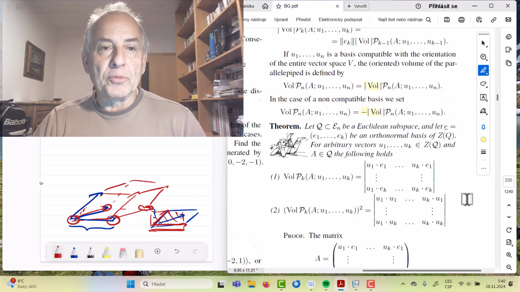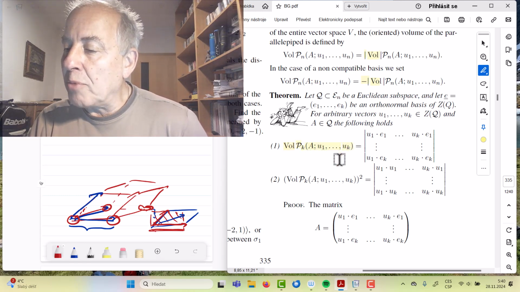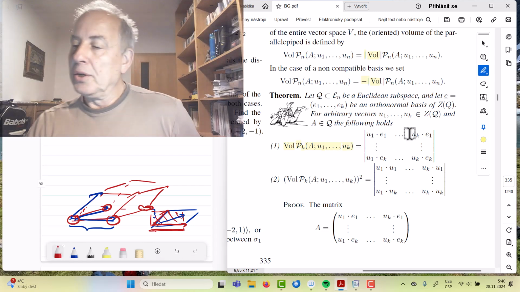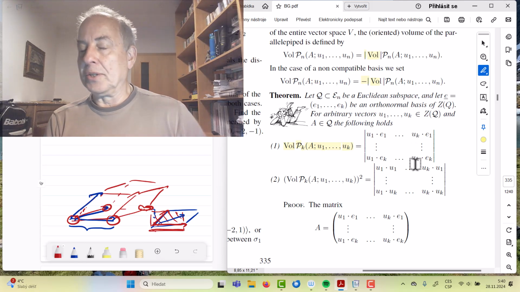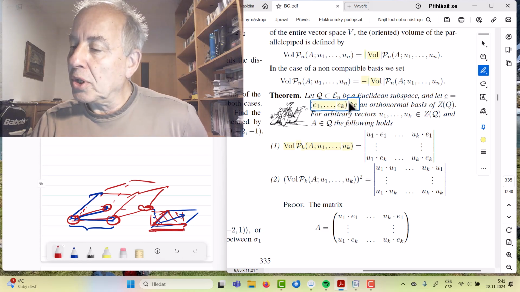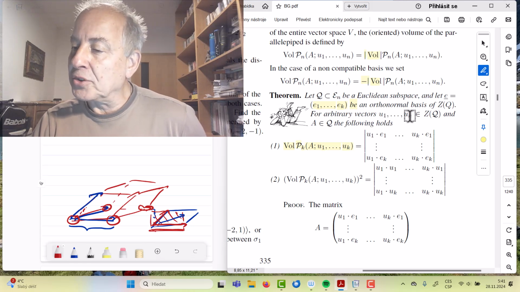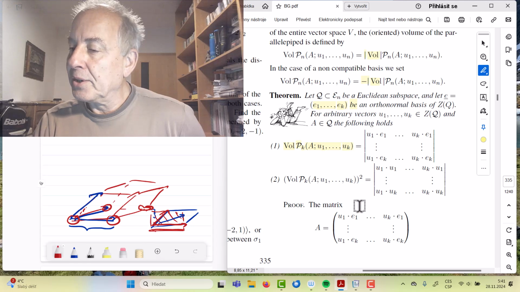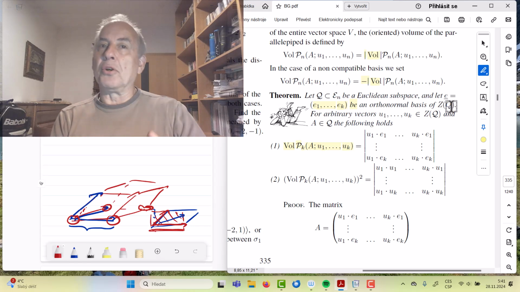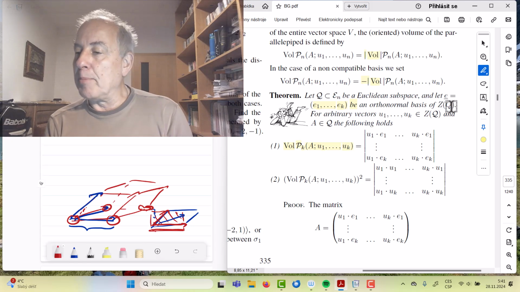Right, and now the theorem. Well, of course, we knew from the very beginning that the volume had to be this, right? So it's the determinant computed from the coordinates. So we take an orthonormal basis as usual, and we take the coordinates of the individual generators, u1 through uk. So this is the orthonormal basis of the difference space of the subspace generated by the generators of the parallelepiped, right?